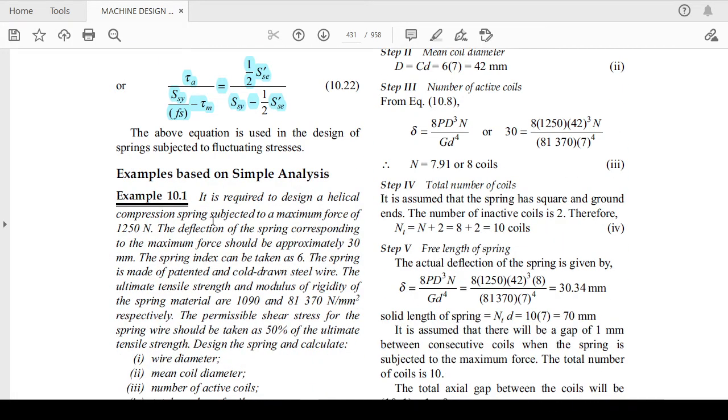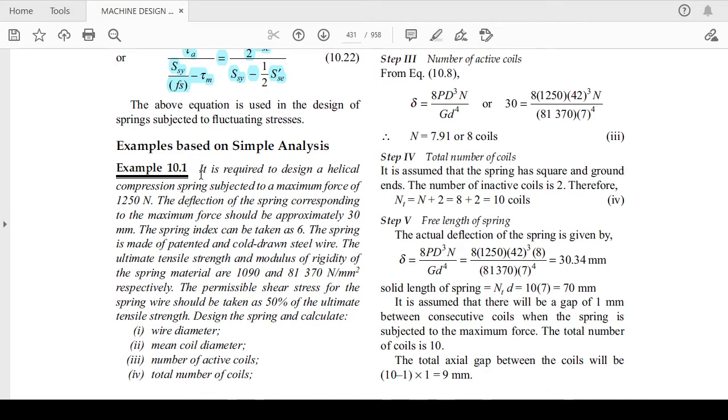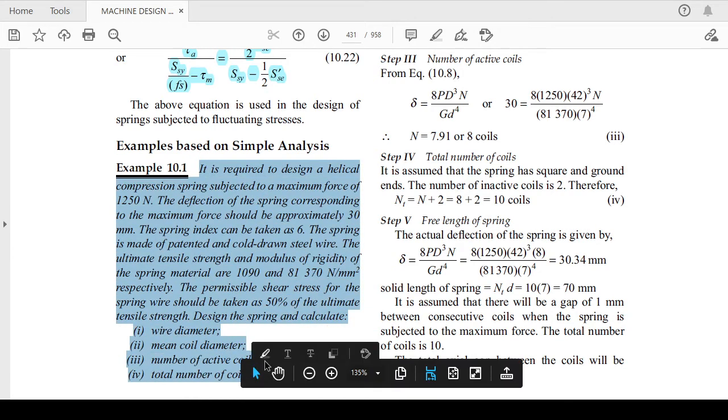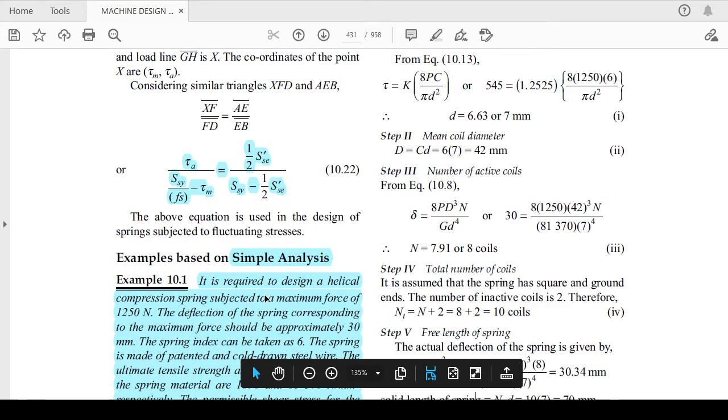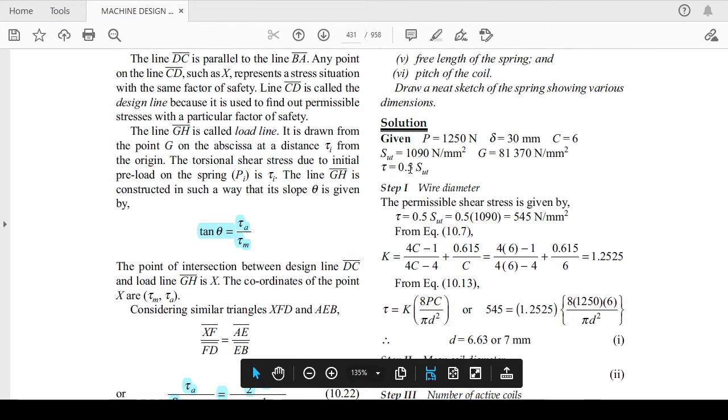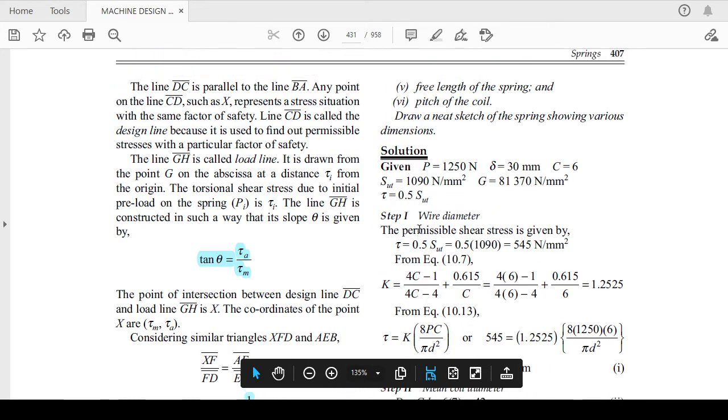Now let's go through some numericals. This is the first numerical which we saw in our previous topic of designing against simple loading. Let's see this first, and after that we will do the fluctuating load analysis. They started with the calculation of the wire diameter.